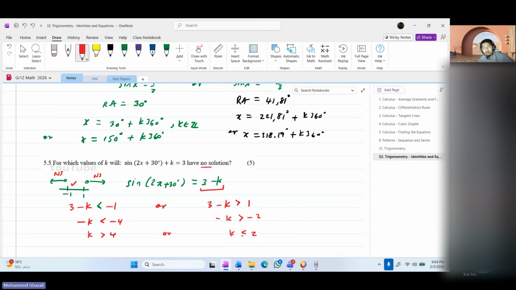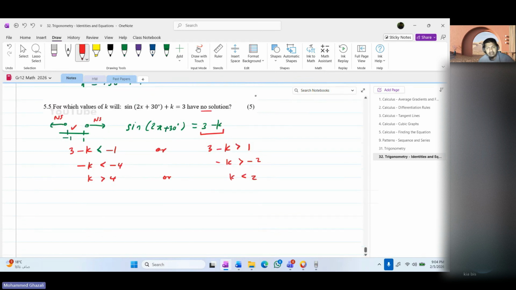Okay, trying to understand this. What we're going to do is draw a number line and see what they are talking about here. There's 2 and 4 there.